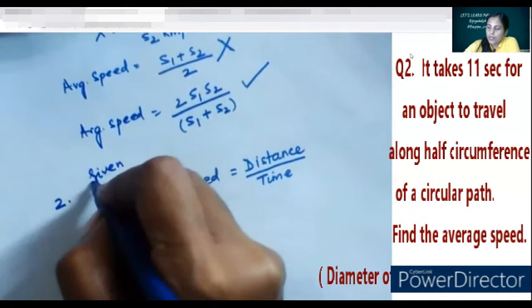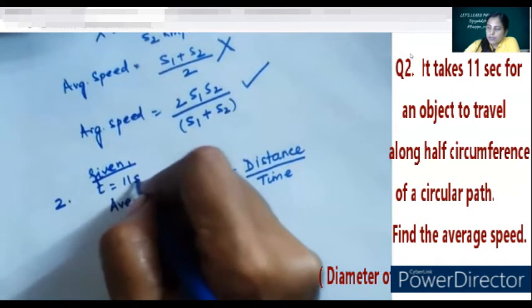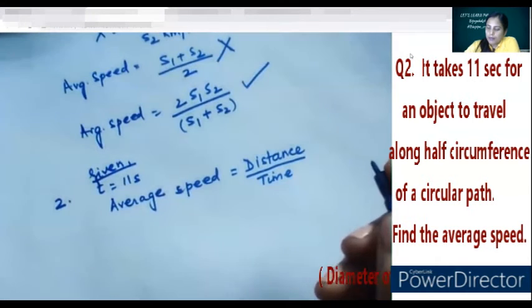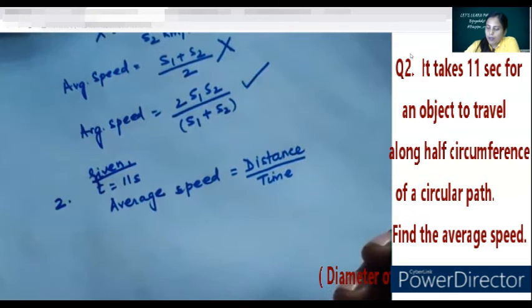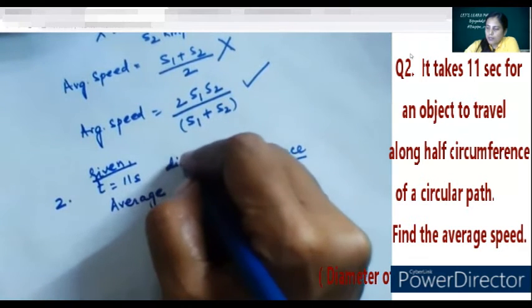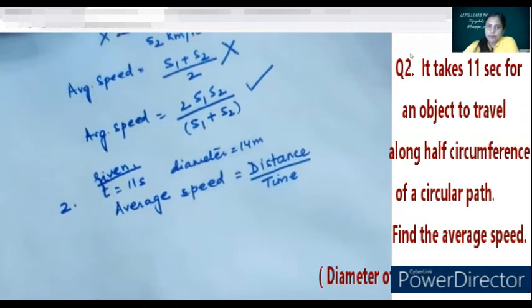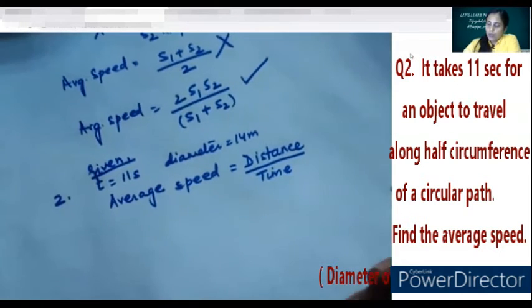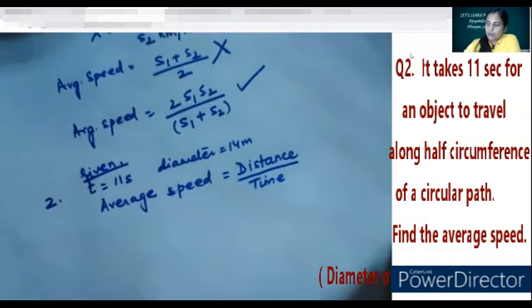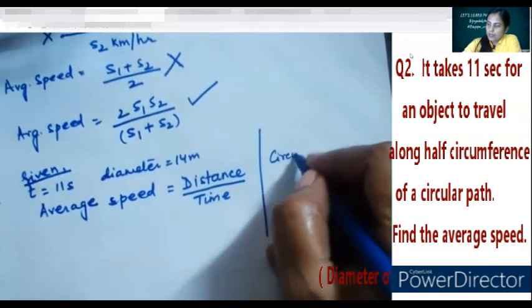As I always say, whatever is given you should write it. Time is 11 seconds, and half the circumference is given. Diameter is given as 14 meter. We know that the circumference of a circle is pi into d, isn't it? So let me solve it here separately.